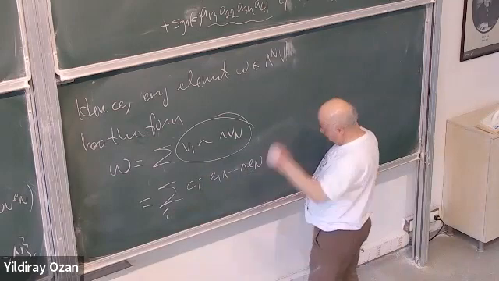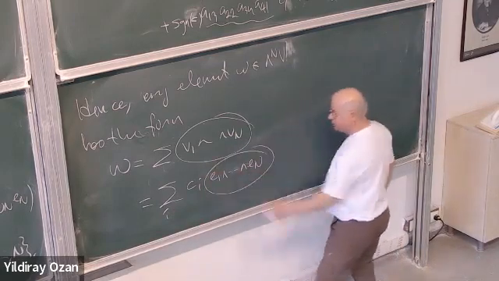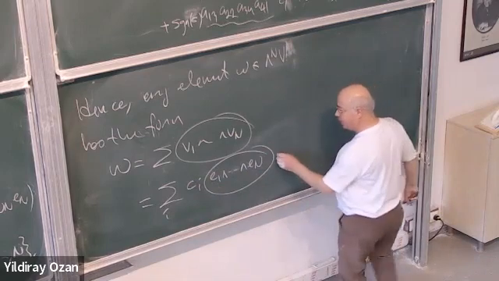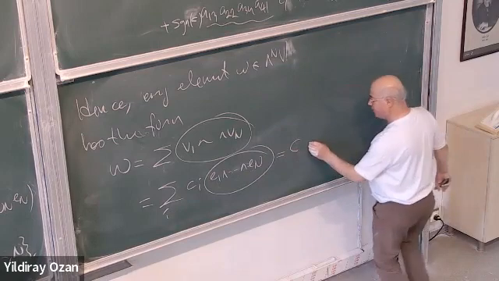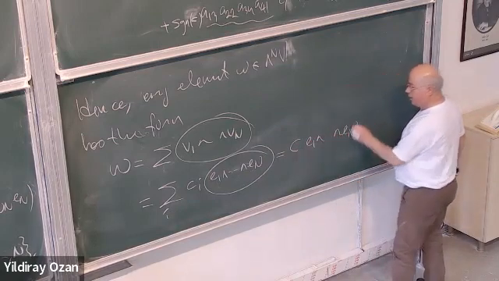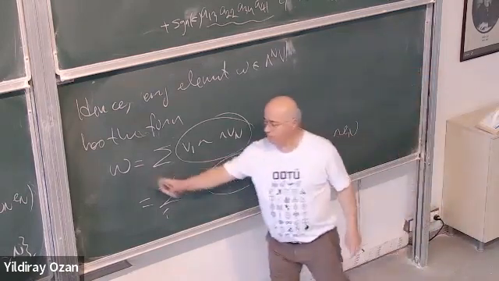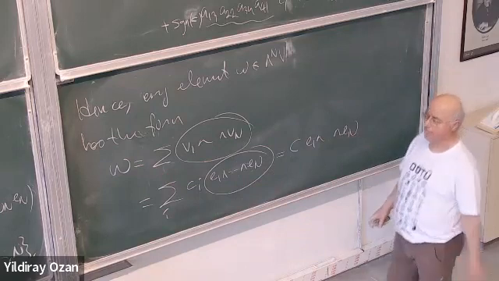So this element is just a constant, therefore this is just some constant C times E1 to En. Therefore, any n-form is just a multiple of this element.